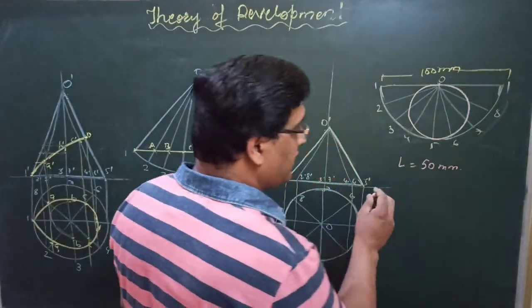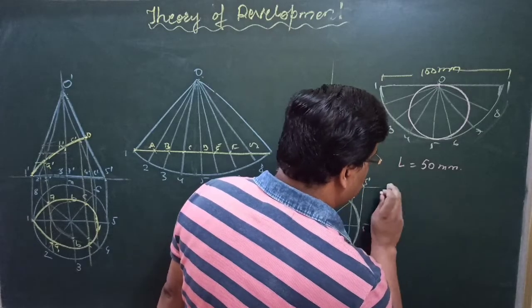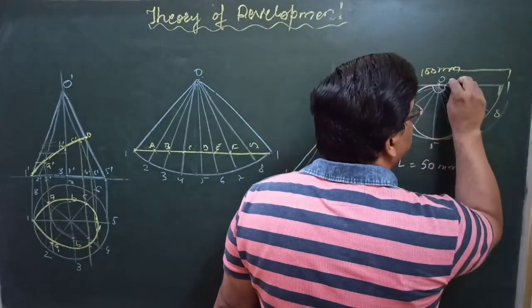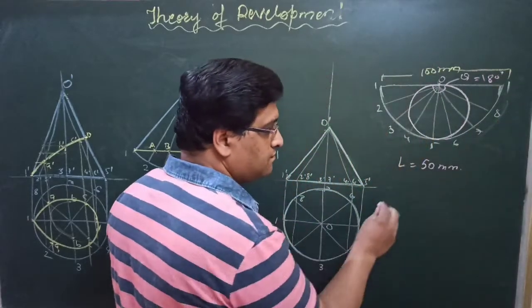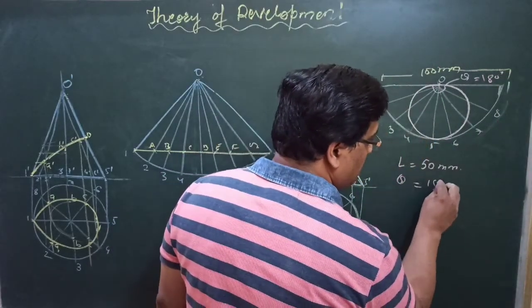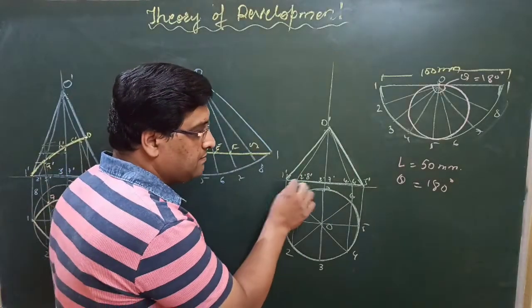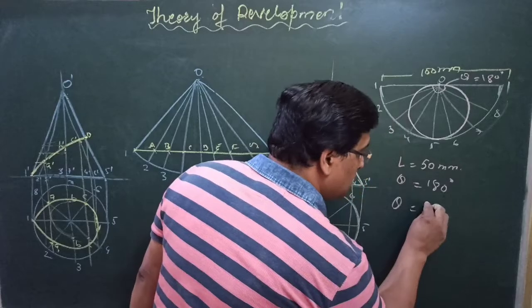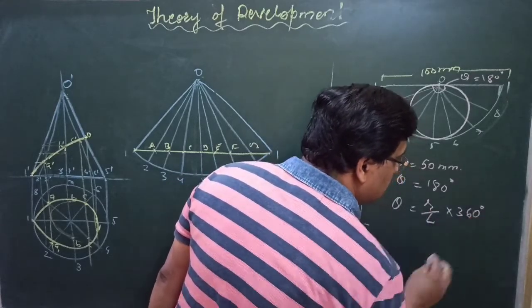Now you have to find out R. Theta is equal to 180 degrees here. So theta is also given, 180 degrees. You can easily find out R, right? So we know that theta is equal to R upon L into 360.